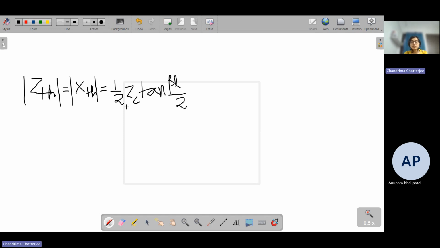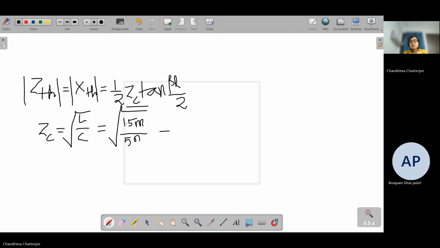So first, what is required? The ZC value, the characteristic impedance value. That is also known to us because we know the L and C values, and characteristic impedance is root over L by C. This is 1.5 millihenry per kilometer, so that is 10 power minus 3, and here it is 5 nanofarad, so 10 power minus 9.